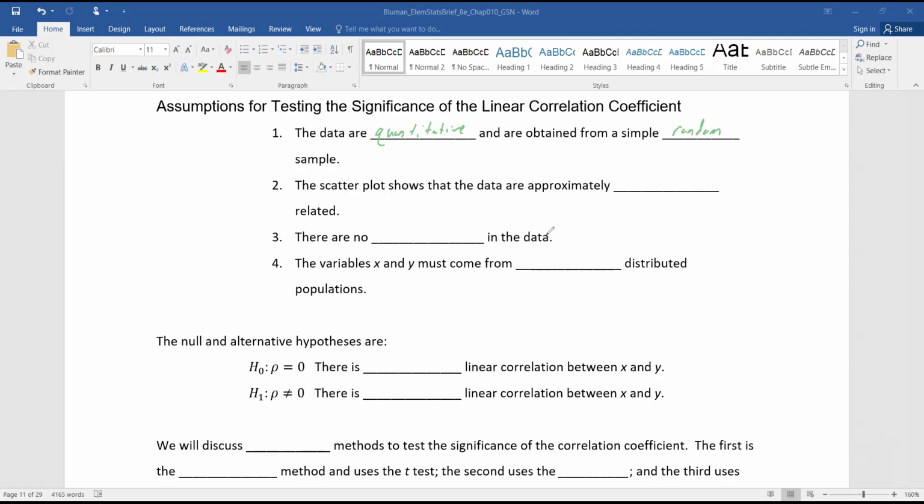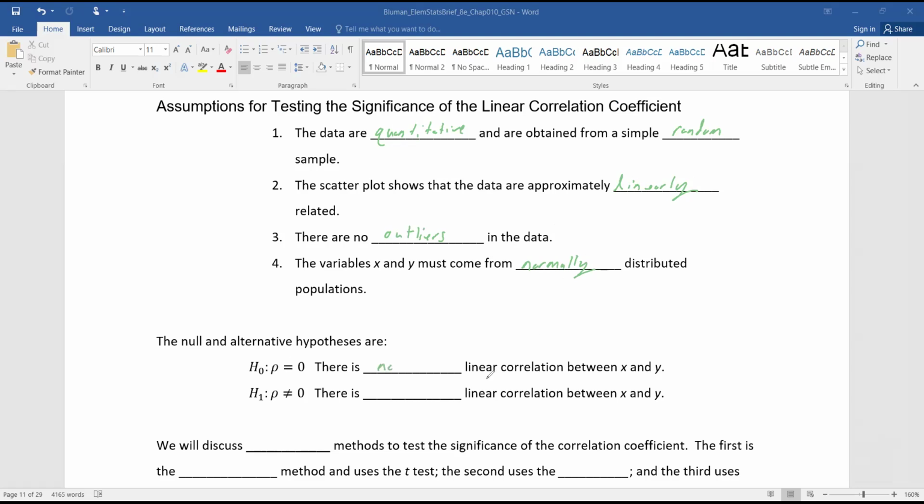The scatter plot shows that the data are approximately linearly related. There are no outliers in the data. The variables X and Y must come from normally distributed populations.